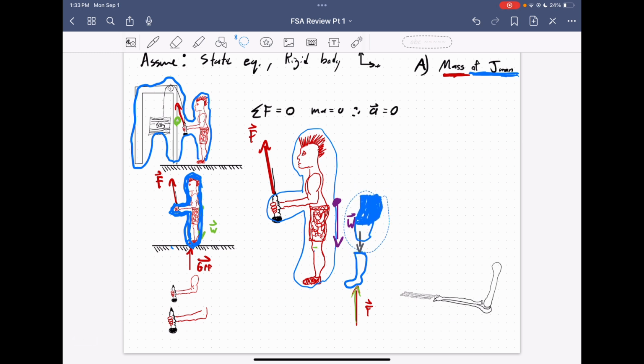This guy, all the weight of the body's pushing down, not accelerating down, that there has to be some force again, keeping this together, right? And so when these are put together, these two gray forces cancel out.